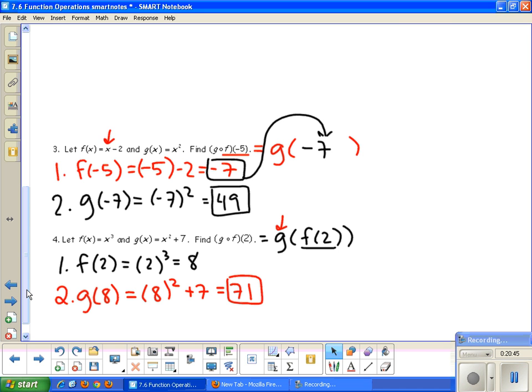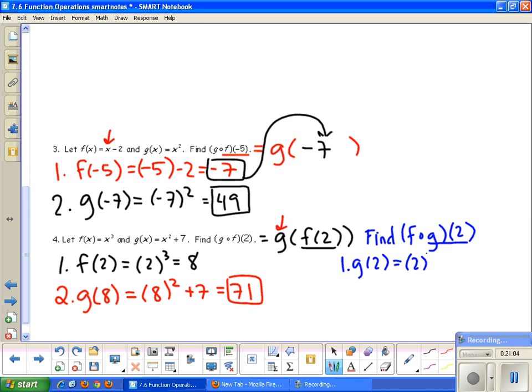Now, even if I did it the other way around, let's say I wanted to find instead f of g of 2, so the other way around. So my inner function is g of 2, which would in this case be equal to 2 squared plus 7. So 4 plus 7 is 11.